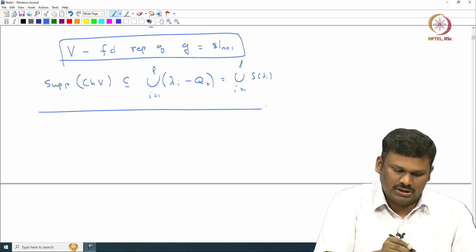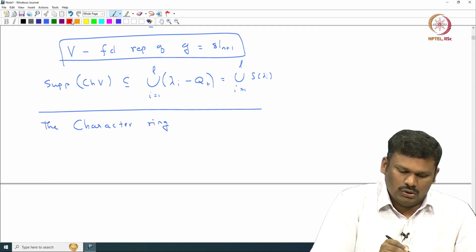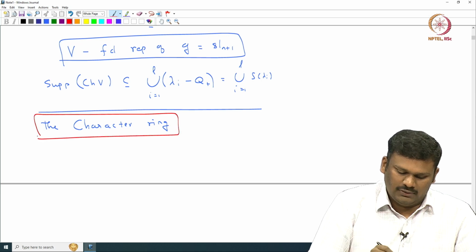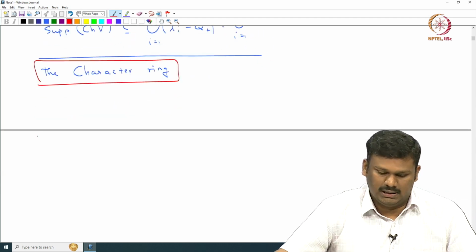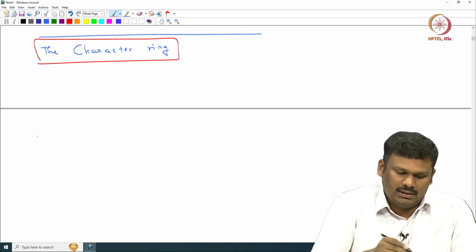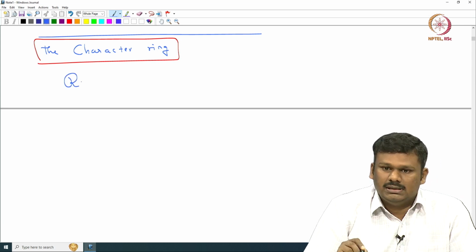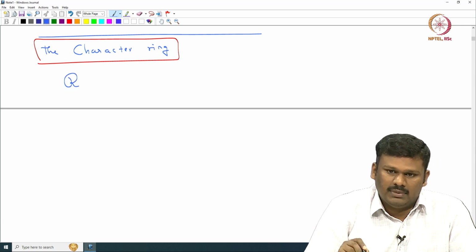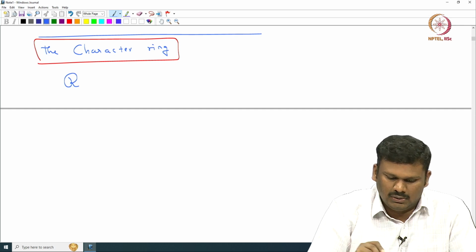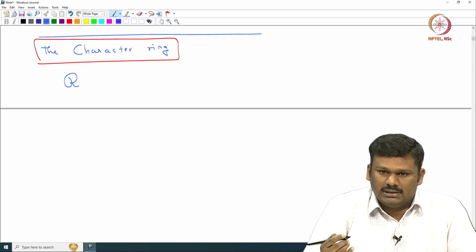So, here is the definition, the character ring. All manipulation of the characters is done in this ring. So, what is this? By definition, you denote it by this curly R. This is the set of all functions from H star to Z, or Z plus, that satisfy the following conditions.